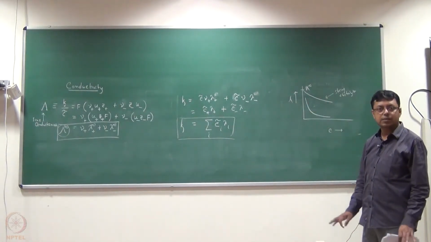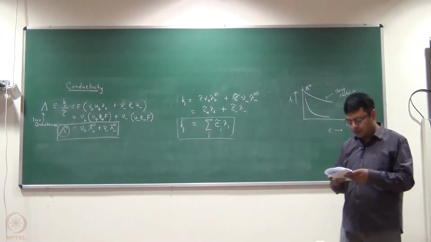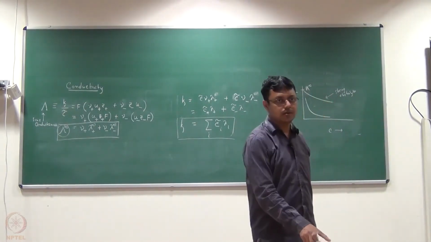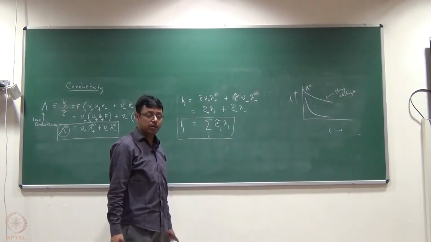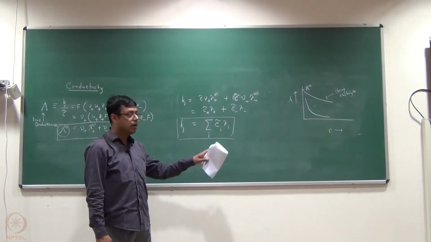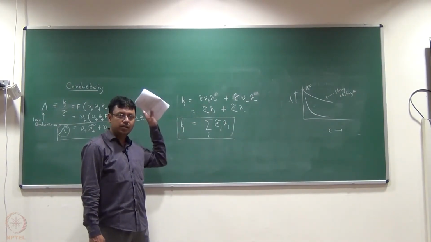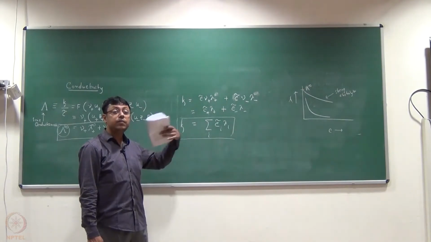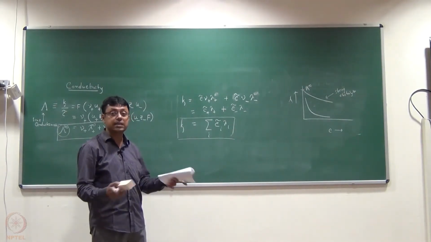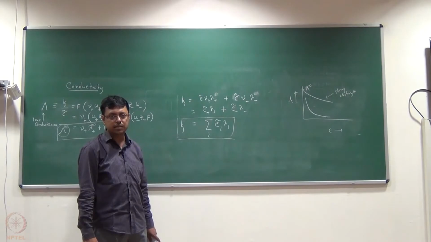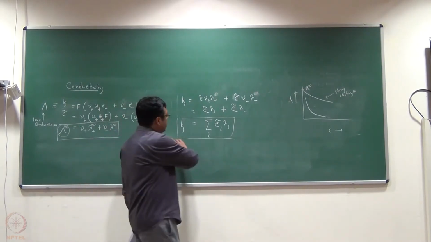Now that's the problem. How do you tackle this problem? That's the question. What I'm right now going to discuss is how, for a weak electrolyte, I measure lambda infinity, the infinite dilution limit conductivity, where I can actually get this additivity, cations plus anions.